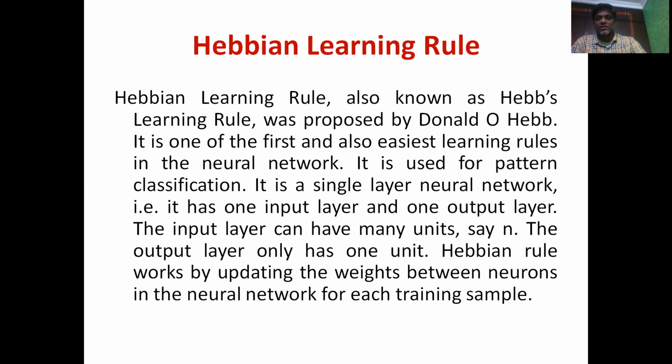Particularly, the Hebbian learning rule is useful in pattern classification, which makes use of a single layer neural network. That means one input layer and one output layer. The Hebbian rule works by updating the weights between neurons in the neural network for each training sample given to the neural network. Once all the training samples are completed, we can treat the corresponding neural network as trained.